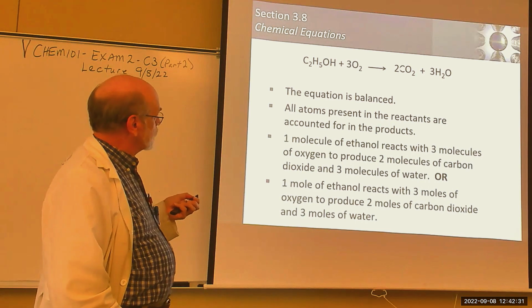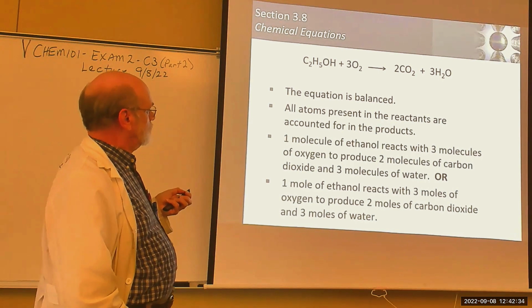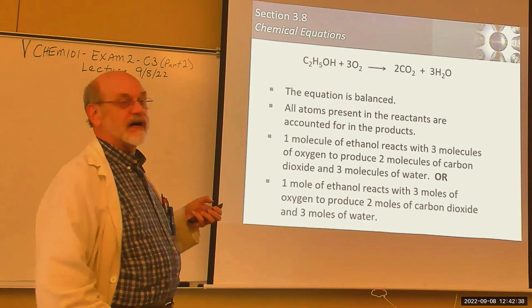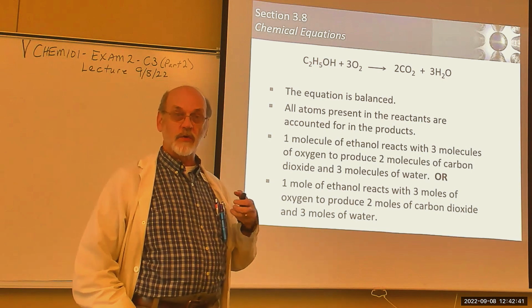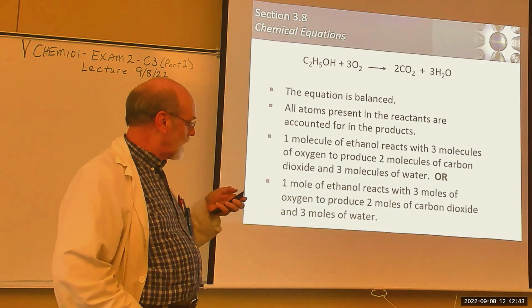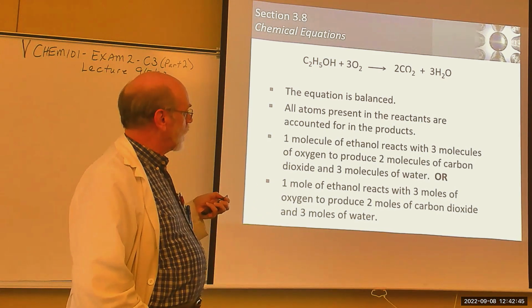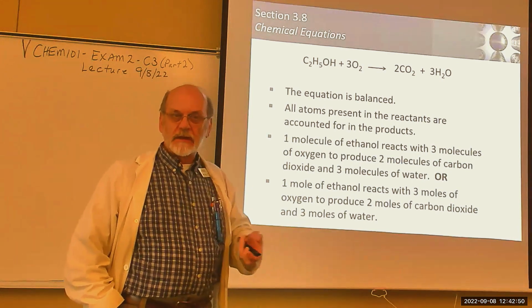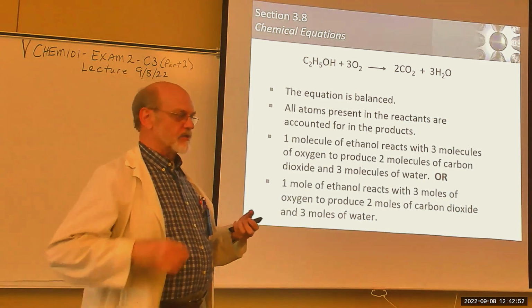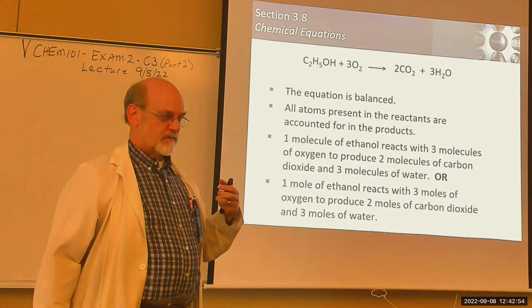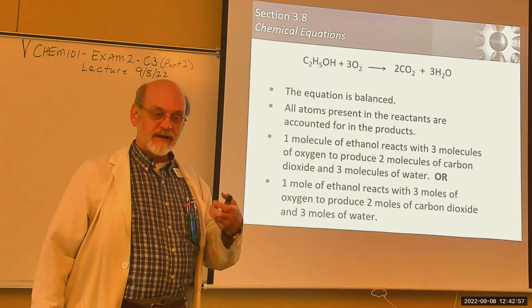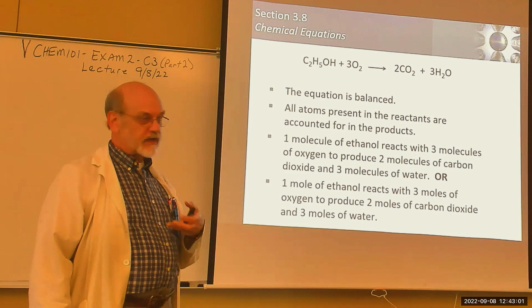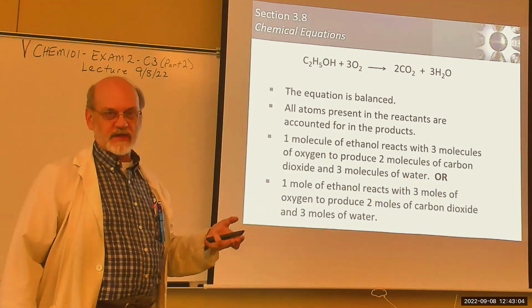So here are 2 carbons, there are 2 carbons. Here we have 6, 7 oxygens going into the reaction. On the product side, we have 4 oxygens and 3 oxygens make 7, so it's balanced. And this balancing procedure explains why Lavoisier's law of conservation of mass works, because we didn't create anything, we didn't destroy anything in the process.